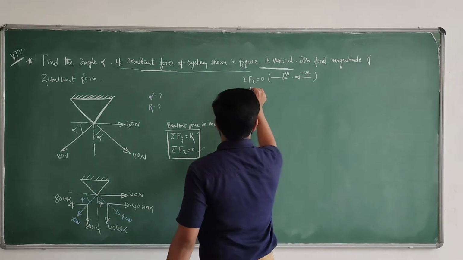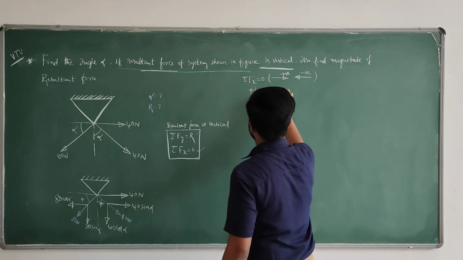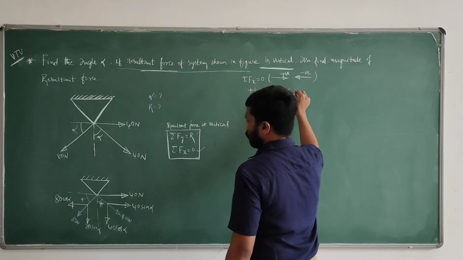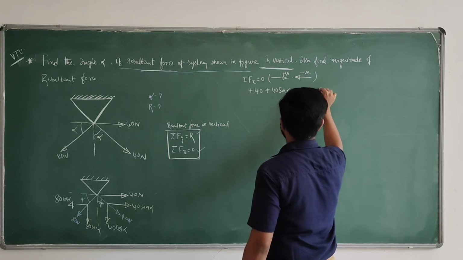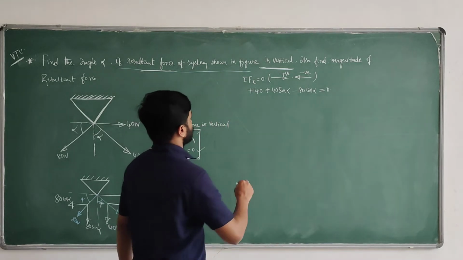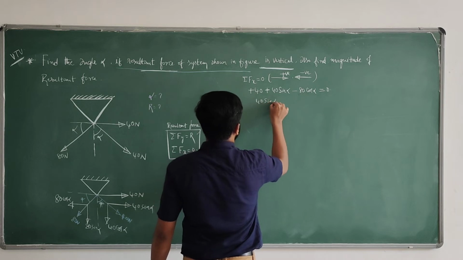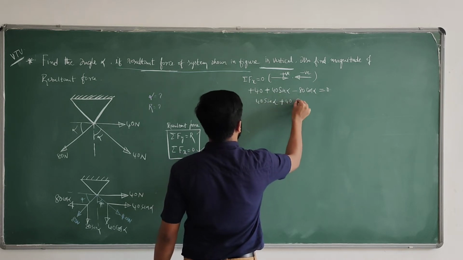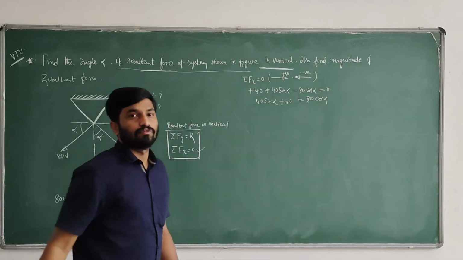Therefore, plus 40, plus 40 sin alpha, minus 80 cos alpha equals 0. Now, 40 sin alpha plus 40 equals 80 cos alpha.